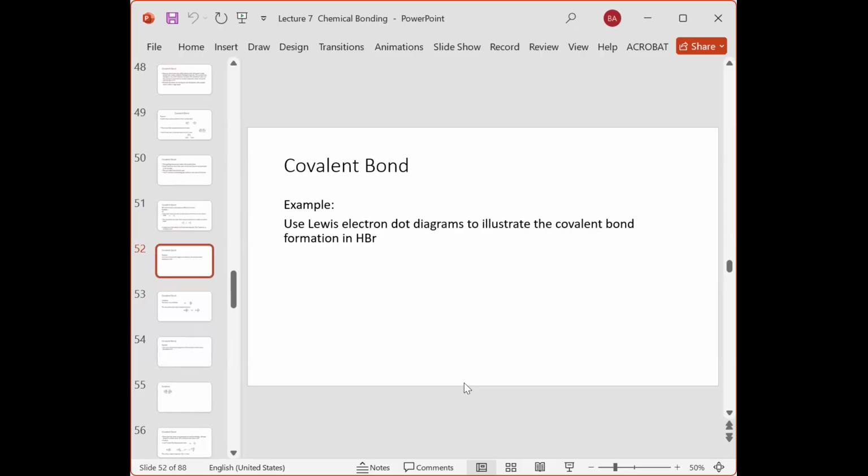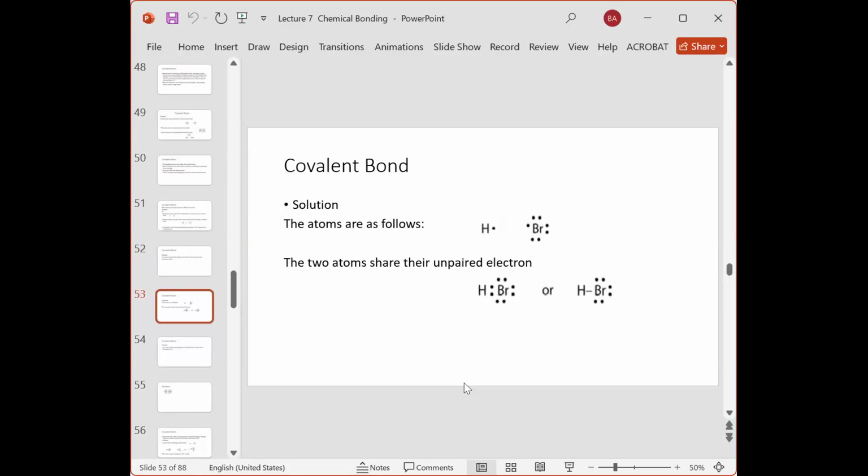Example: use a Lewis electron dot diagram to illustrate the covalent bond formation in hydrogen bromide, or hydrobromic acid. So now we have hydrogen and bromine. Hydrogen has 1 electron, bromine has 7 electrons. Bromine wants to achieve the octet, so it needs 1 more.